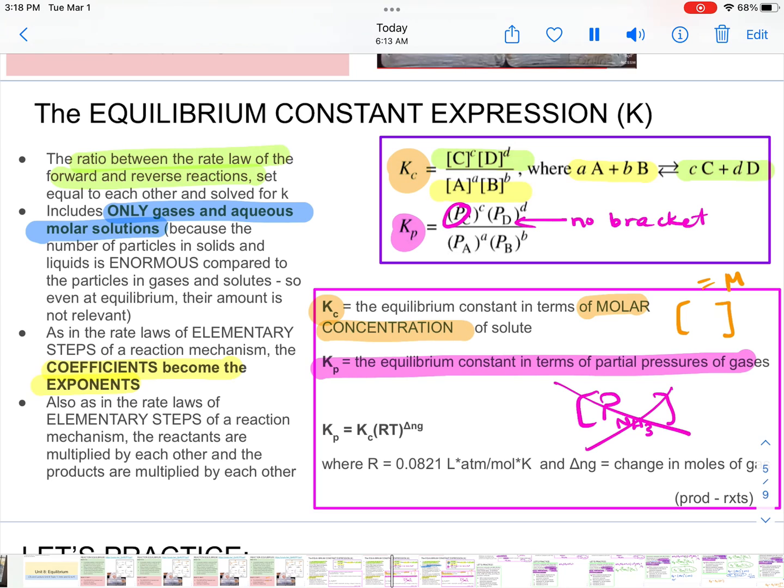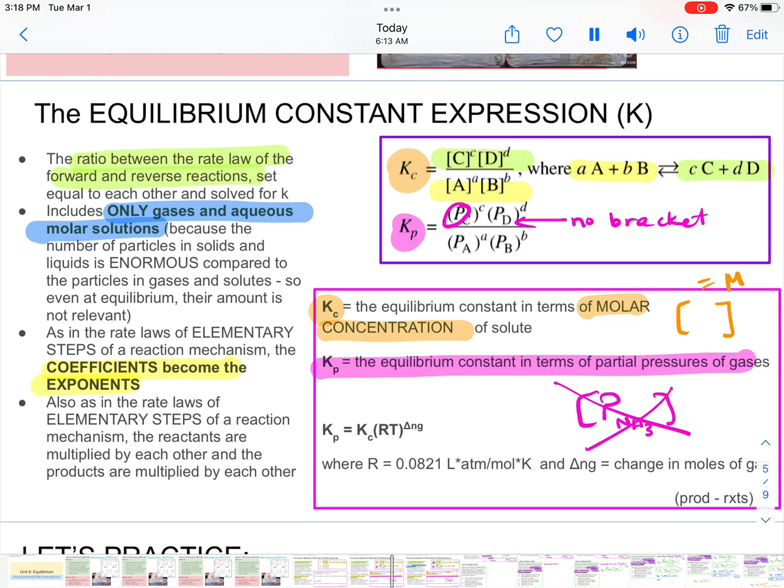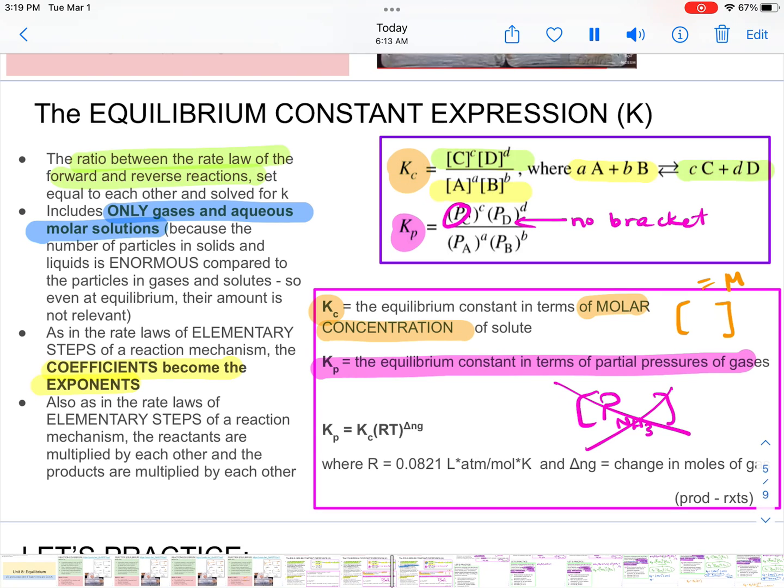Because we're looking at the overall change as it reaches equilibrium, there's really not a very large proportional change in the concentration of a solid or a liquid. So when we write equilibrium expressions, it's gases and aqueous solutions only, and then it's products over reactants, and the coefficients become exponents. So kind of get used to that process.